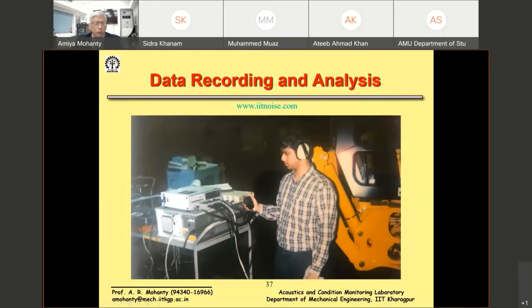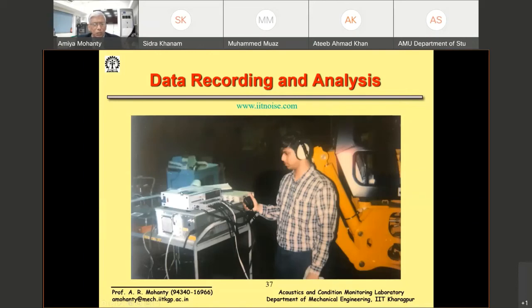And you won't believe it, we had to carry all this equipment from our lab in Lexington, Kentucky, where I was doing my PhD, to this place. We had to go in a minivan. So this is the two-channel HP analyzer.